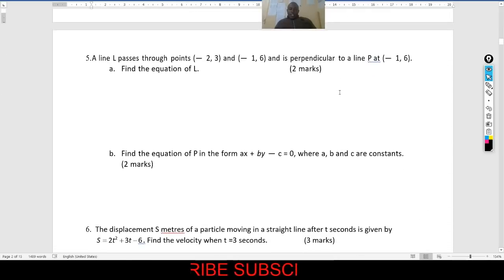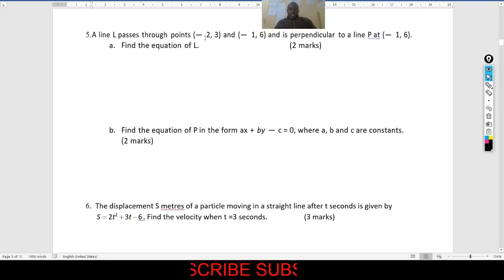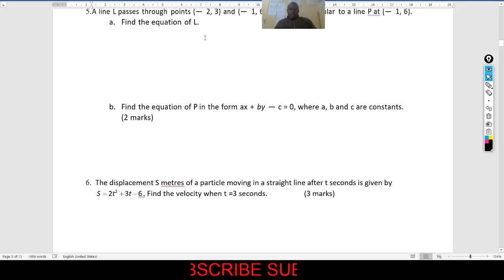Question number 5 is asking us about equations of straight lines. A line L passes through the points -2, 3 and -1, 6 and is perpendicular to a line P at -1, 6.